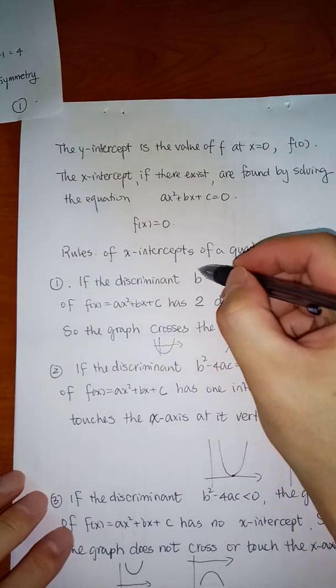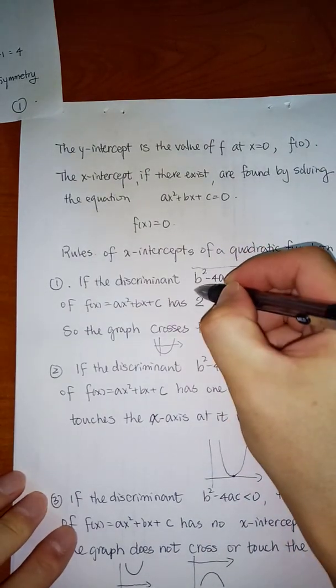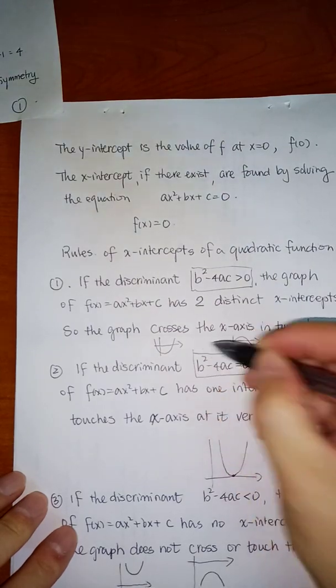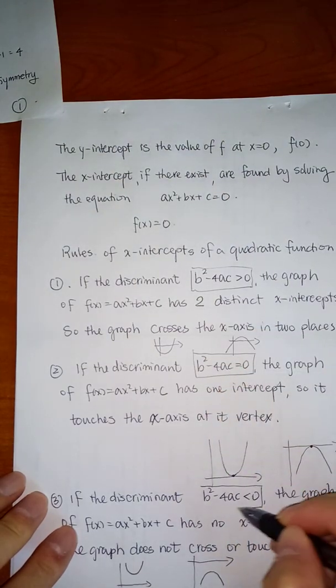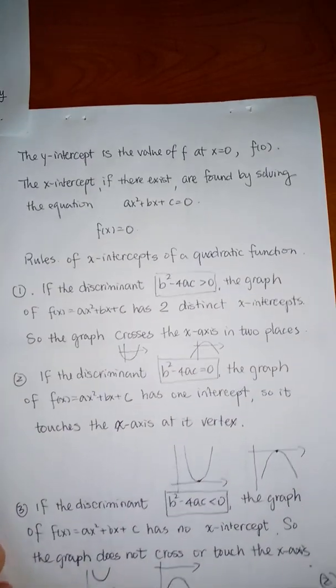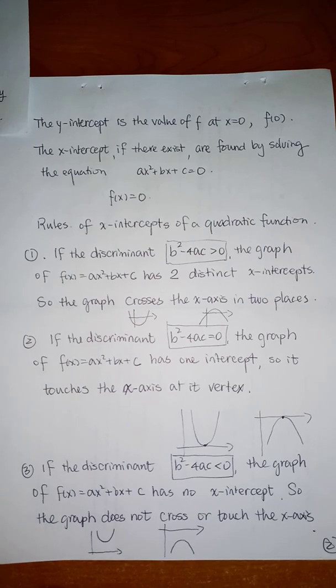It is totally determined by the discriminant: greater than 0, equal to 0, and less than 0. Greater than 0, equal to 0, and less than 0. Okay? So that is the summary.